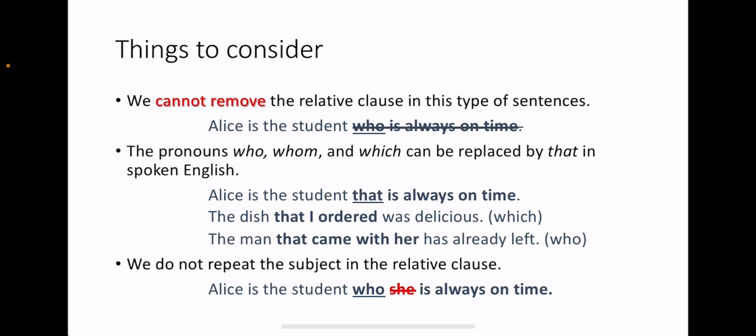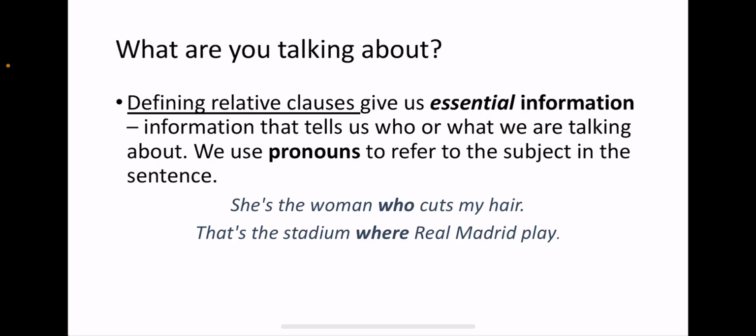Actually, it's incorrect. So you don't need to put she, right? So who is the subject? Who refers to Alice. Remember that the pronoun refers to, or matches, the subject in the sentence. So remember that it's not necessary to repeat the subject. So those are important things that we need to remember about the relative clauses and relative pronouns.